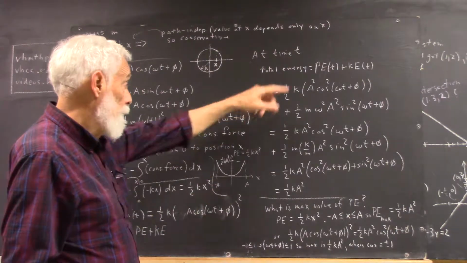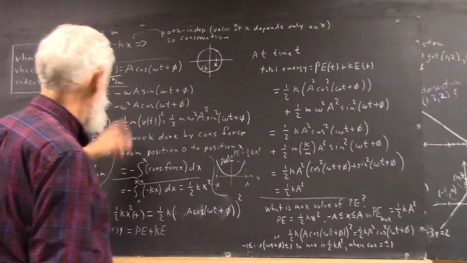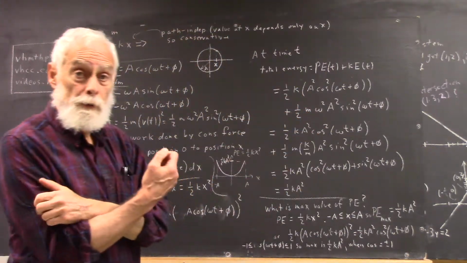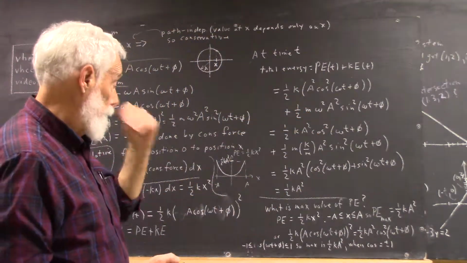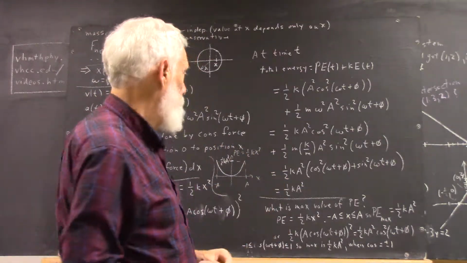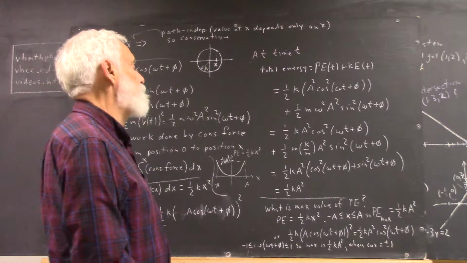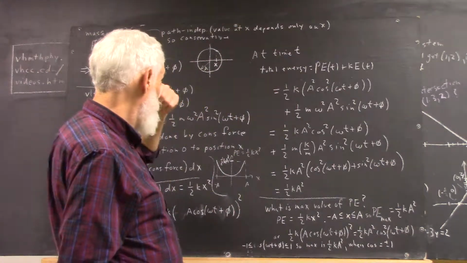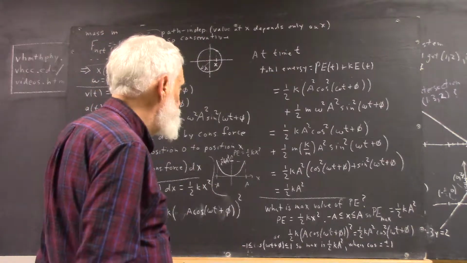You got the A squared, cosine squared, and so forth, and this expression. Okay, we just write them down. We don't have to interpret them at this point, but we do have to get used to what they're telling us as we move along. Okay, but there's the expression for the total energy.